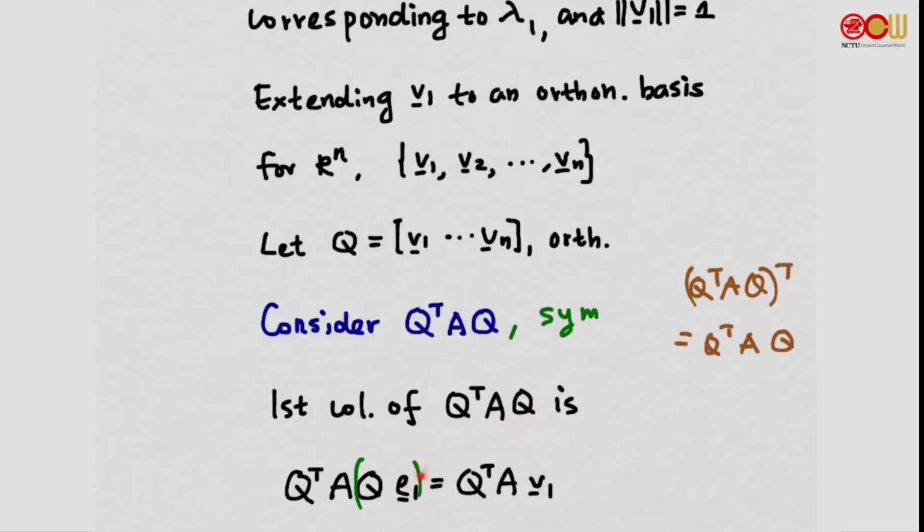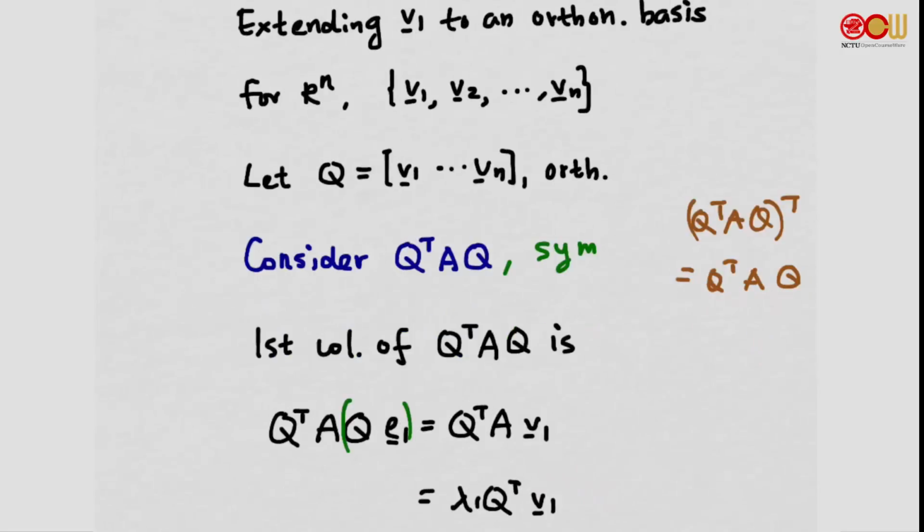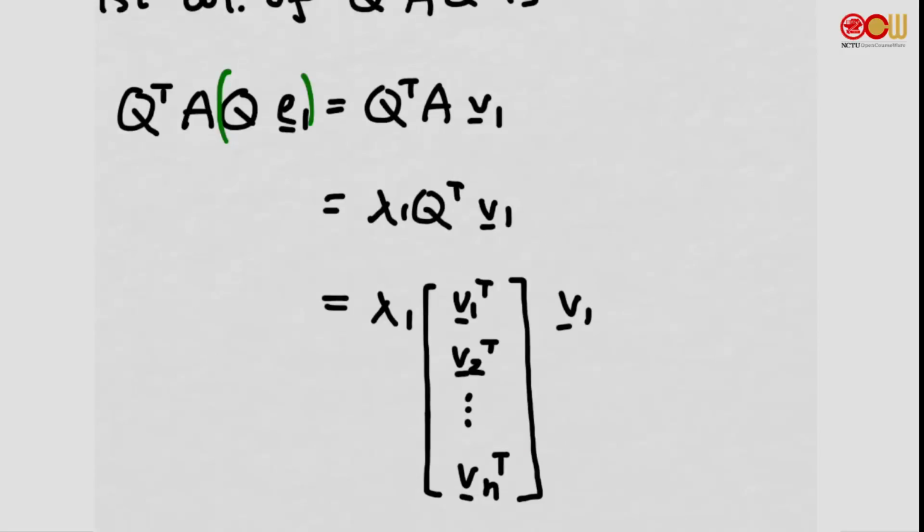We multiply with E1, so Q E1. Remember, Q is this matrix. The first column vector is V1, so Q E1 is V1. V1 is an eigenvector with eigenvalue lambda, so let's plug that in. And remember, this is Q transpose: V1 transpose, V2 transpose, to Vn transpose.